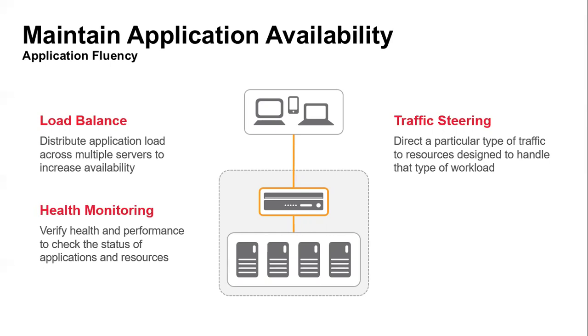As regards traffic sharing, F5 directs a particular type of traffic to resources designed to handle that type of workload. For instance, if we have multiple web servers in our environment, each web server may have been designed to handle a particular traffic.